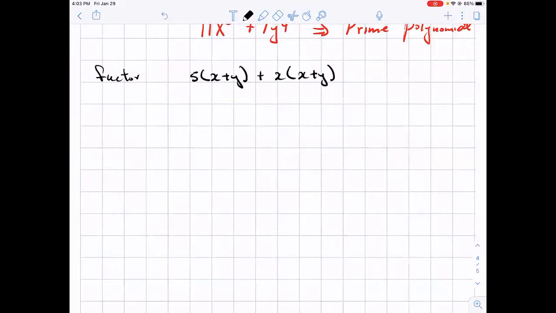So if we look at this carefully, look at the numbers first. Here we have a 5, and in the second term, we have an x, okay? So for the numbers, there is no common number. But if you look at this carefully, on this side you have in parentheses x plus y, and on this side you have an x plus y.